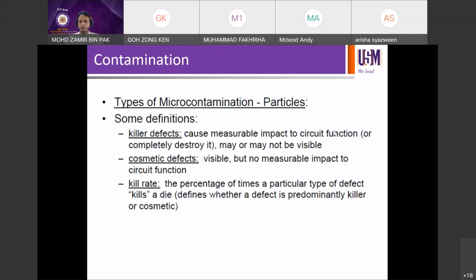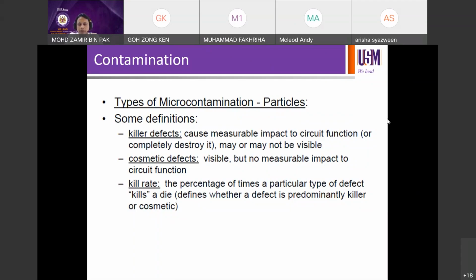so let's look at this one by one. If you look at particles, for example, particles can be killer defects, right? Depending on the size, the shape, and everything. If we talk about killer defects, that means the particles can cause measurable impact to circuit function or completely destroy the chips, right?